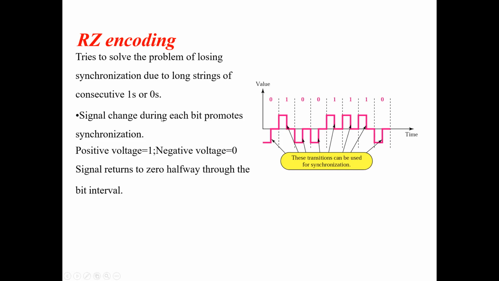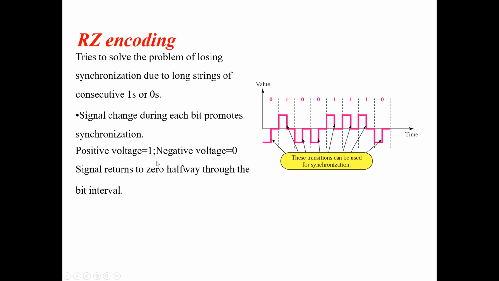A signal change during each beat promotes synchronization. Positive voltage is 1, negative voltage is 0. The signal returns to 0 halfway through the beat interval. These transitions can be used for synchronization between the sender and receiver.